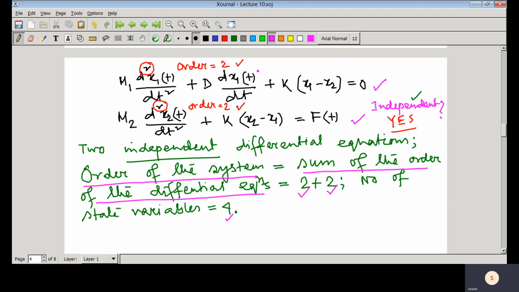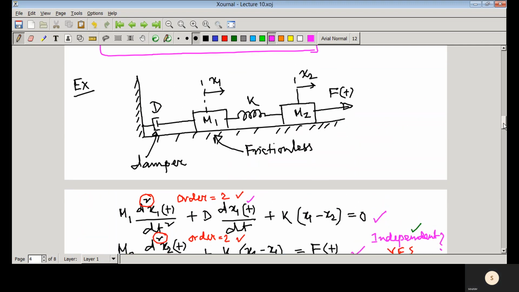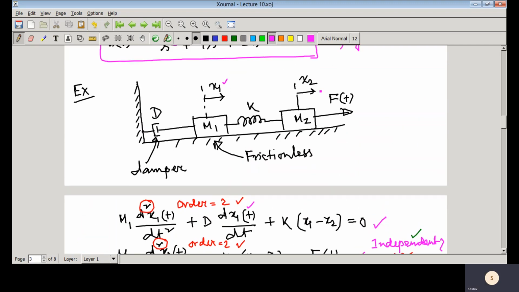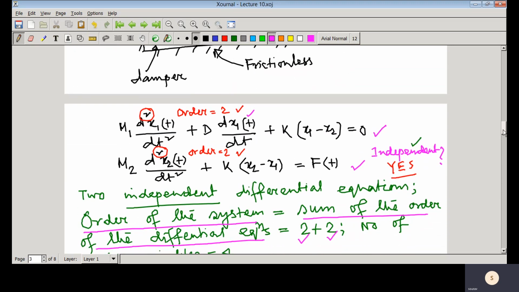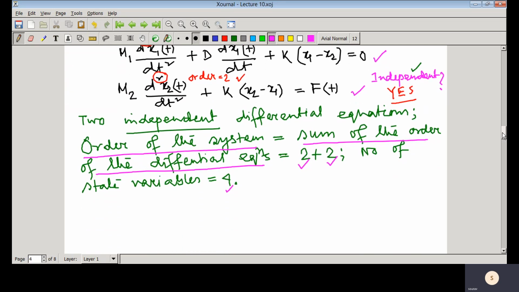So here you have the displacement x1, and for mass 2 you have another displacement, x2. So position x1 and position x2. Now we define the other two state variables, that is the derivatives of those displacements, that is the velocities.